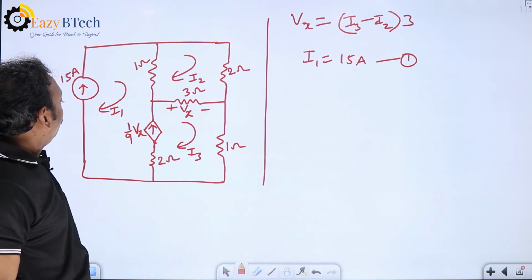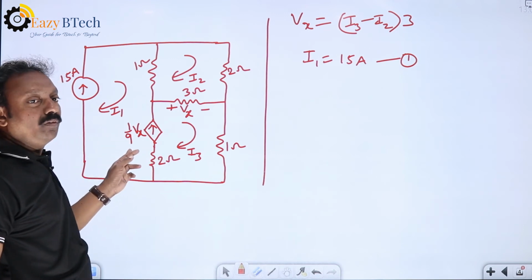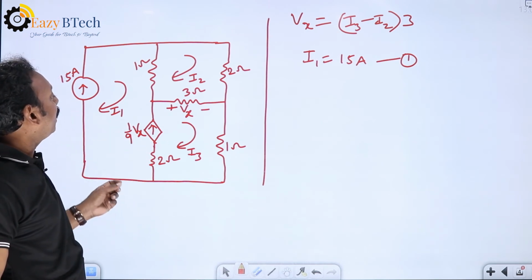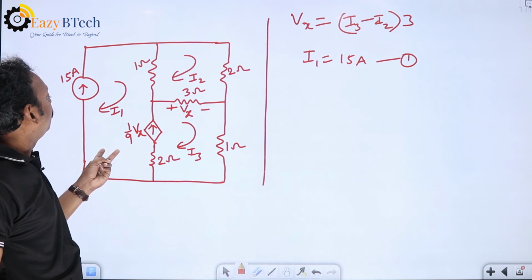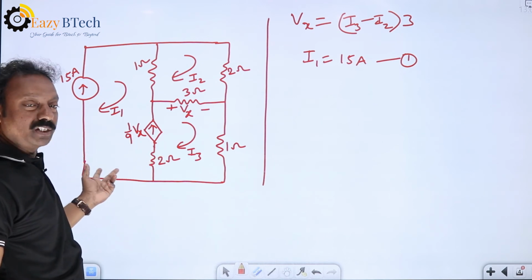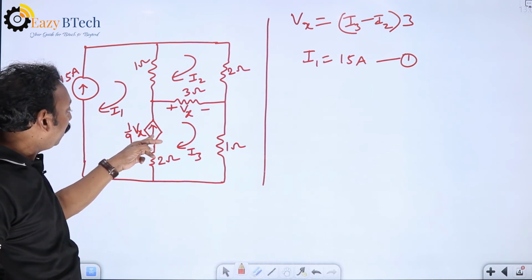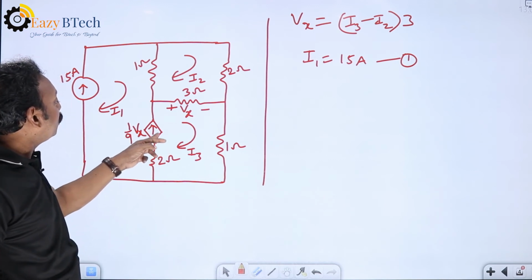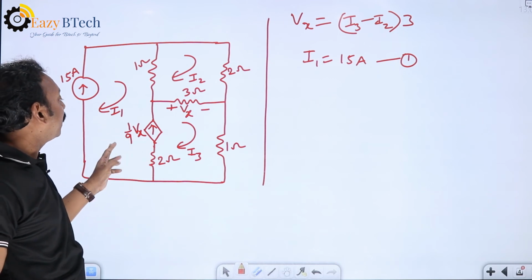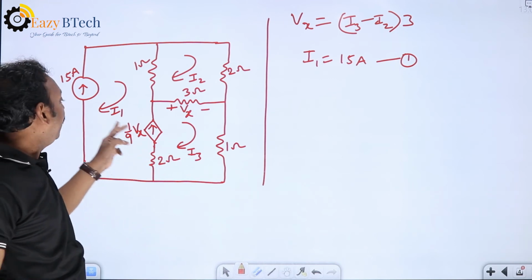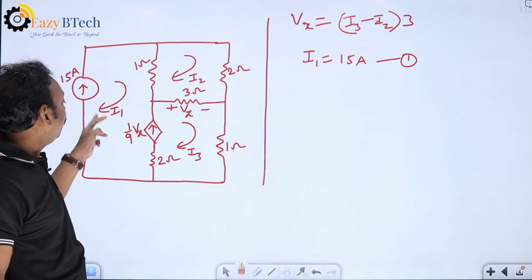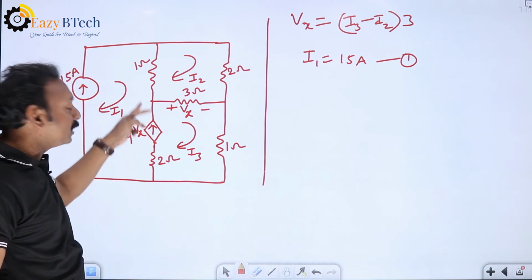Now, how to apply this one? We go for the super mesh equation, first writing the common equation. This current source is a voltage controlled current source. When the current source is present between two loops, first write down the common equation, either I1 minus I3 or I3 minus I1. The I1 direction is opposite to this current source, which is upward.